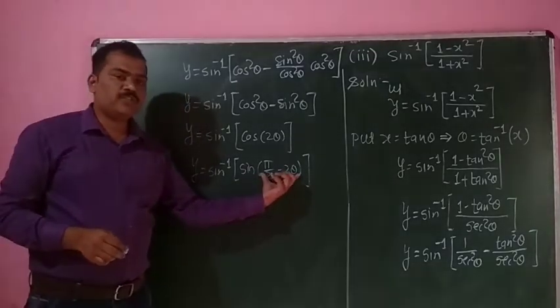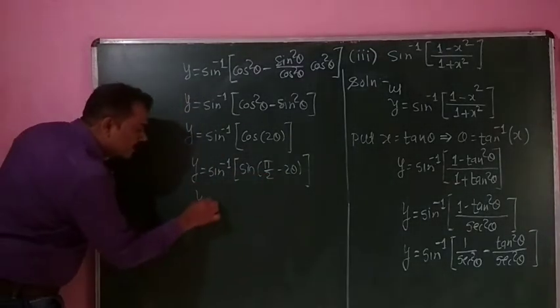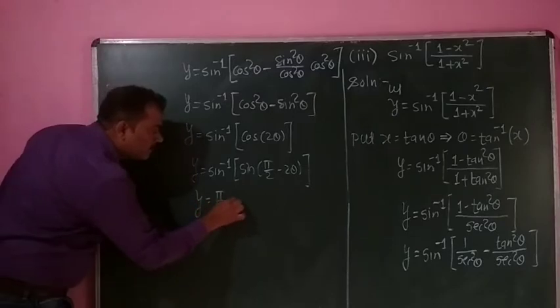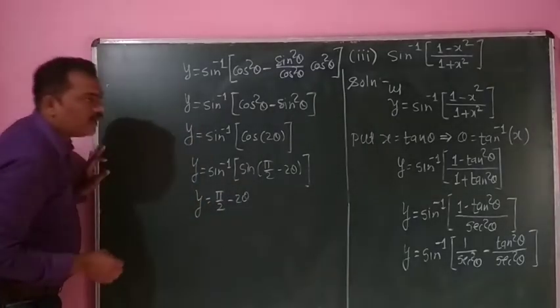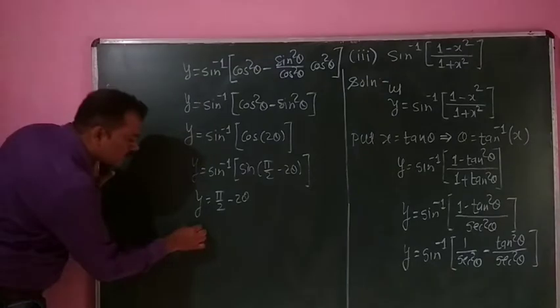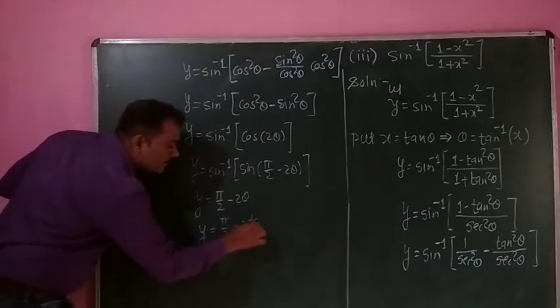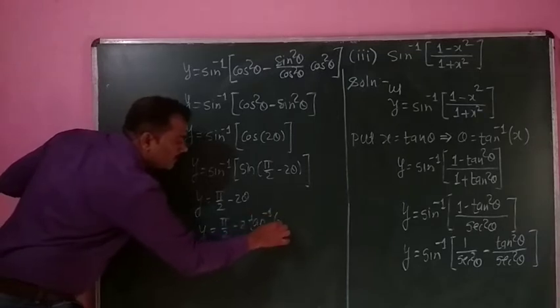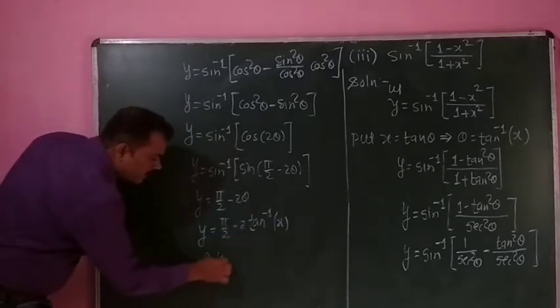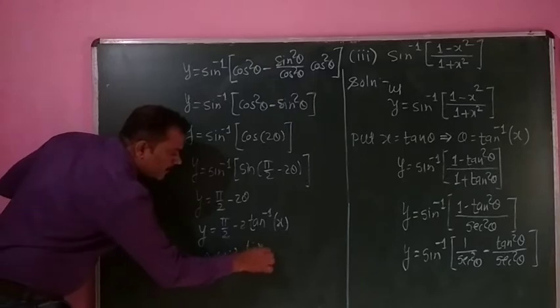Instead of x we use this bracket, so that we get y is equal to pi by 2 minus 2 theta. We substitute the value of theta, which is tan inverse of x, so y is pi by 2 minus 2 times tan inverse of x. Now we have to differentiate this with respect to x.